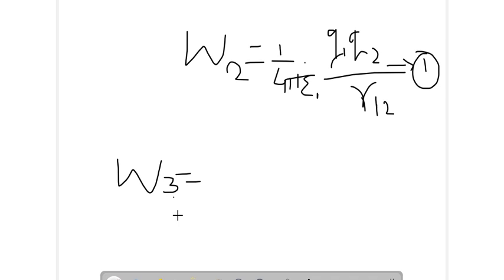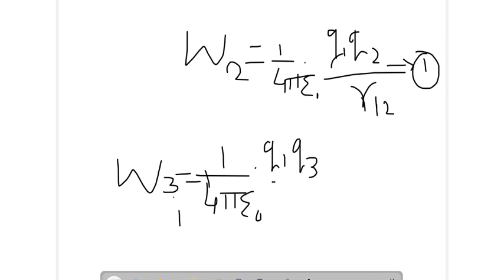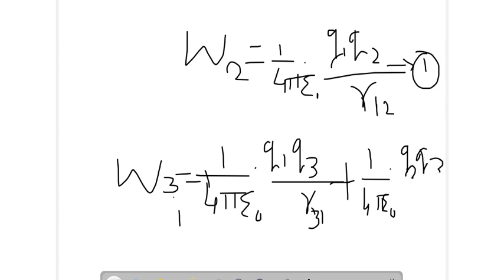So W3 will become 1 divided by 4 pi epsilon naught into Q1 into Q3, of course, divided by R31, plus 1 divided by 4 pi epsilon naught into Q2 into Q3 divided by R23. This is equation number 2.